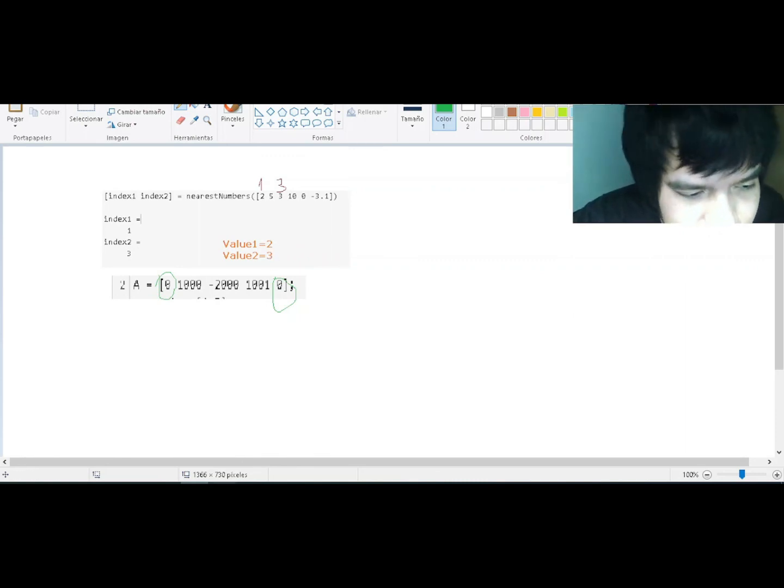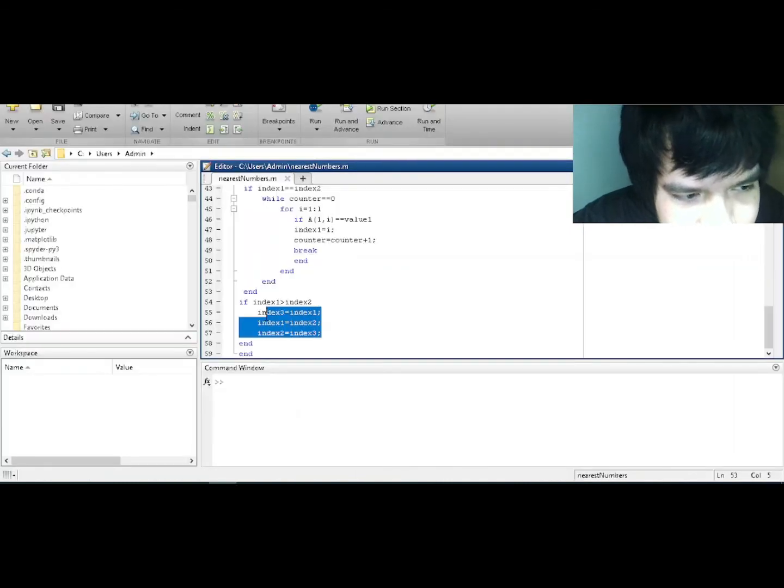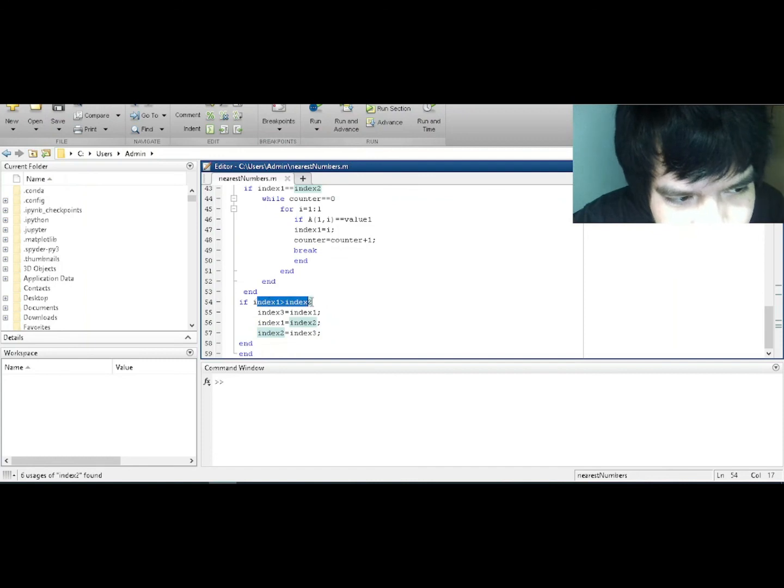That's a problem, so I just order those values. So if this is the case that index 1 is the bigger one, I just reorder the values. I create another value, index 3, just to take index 1, and then index 1 is going to be the smallest one, and index 2 is going to be the biggest one. So I'm just swapping the values of index 1 and index 2, and that's the end.